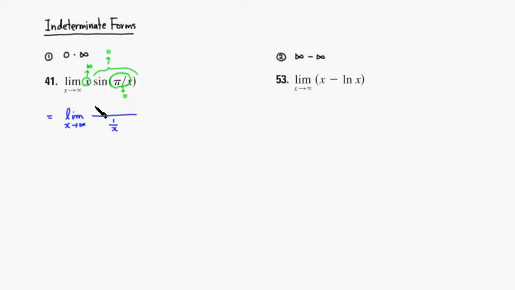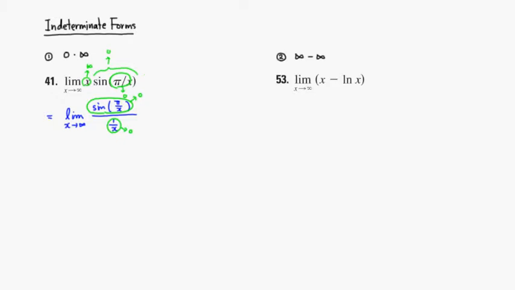So you have sine of pi over x. If you rewrite that, you can see that this is going to be a 0 over 0 situation. So 1 over infinity approaches 0. Again, sine of 0 approaches 0.